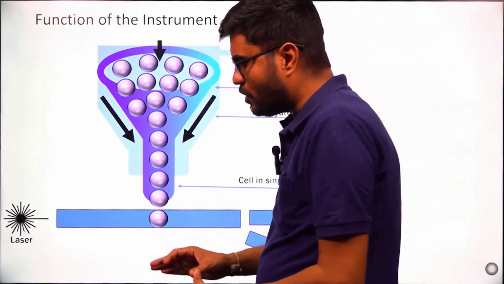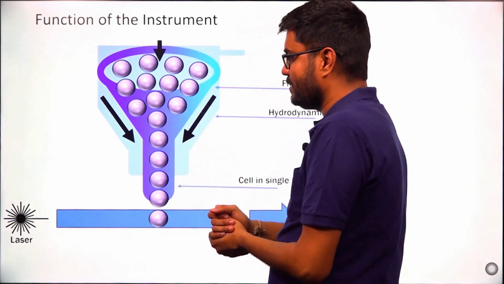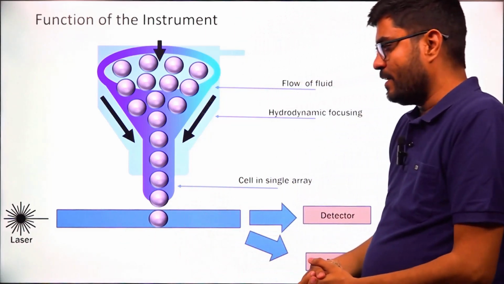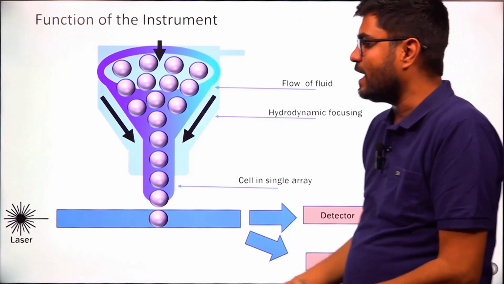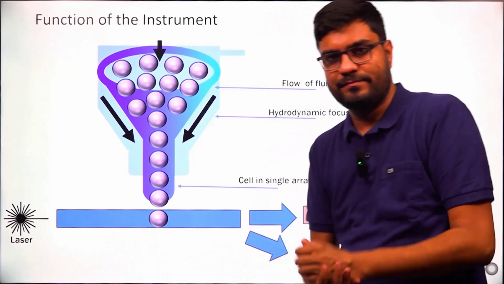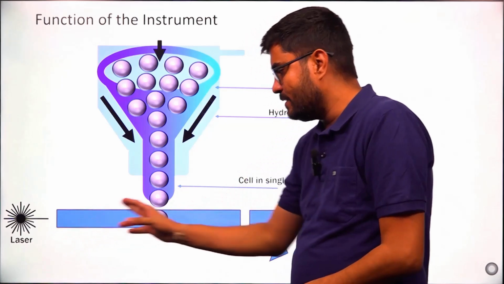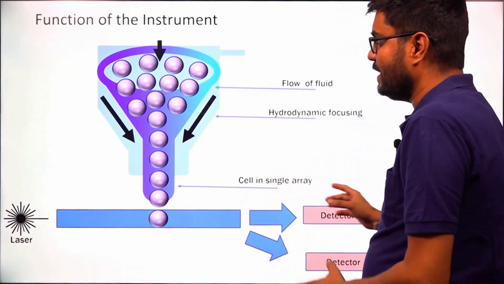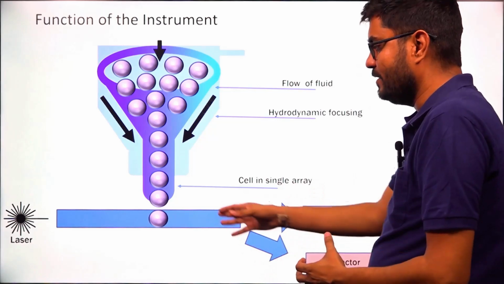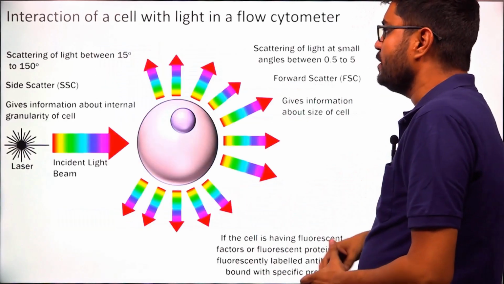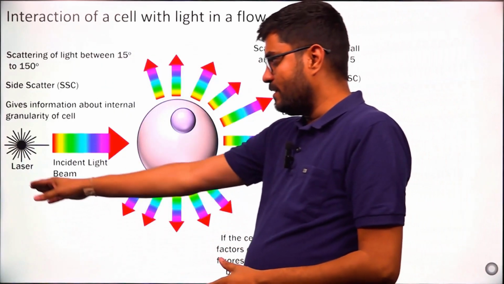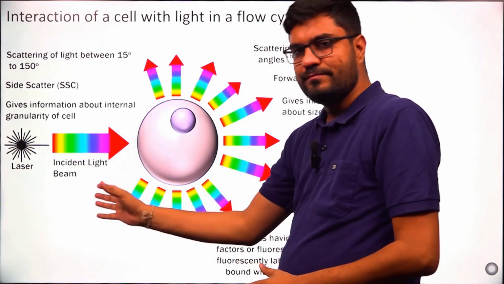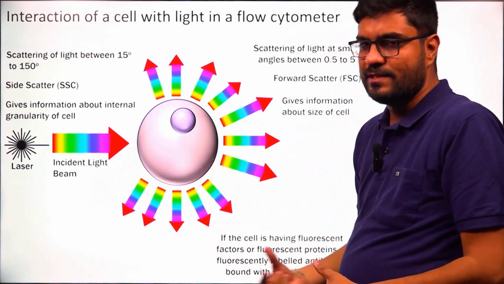The principle is not in the working of the instrument, but lies mainly in understanding what kind of interactions are happening between the laser and the cell. So let's understand the interaction of light with the cell. Here is our light source, the laser, then the incident light beam, and here is our single cell.